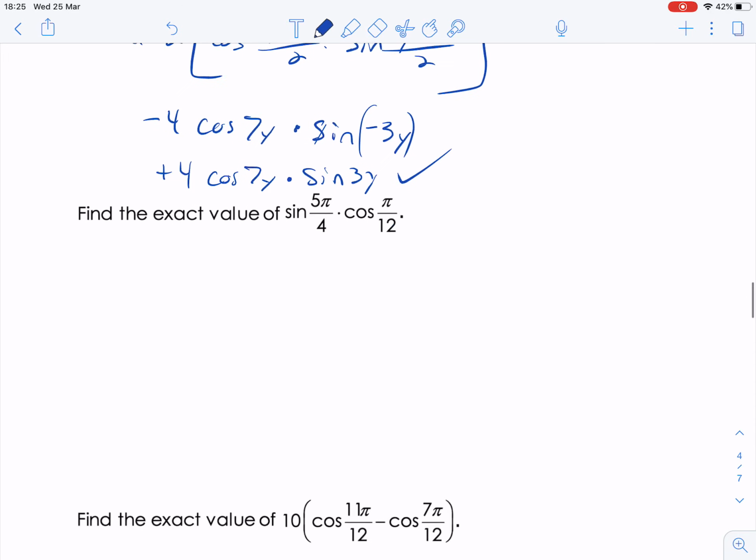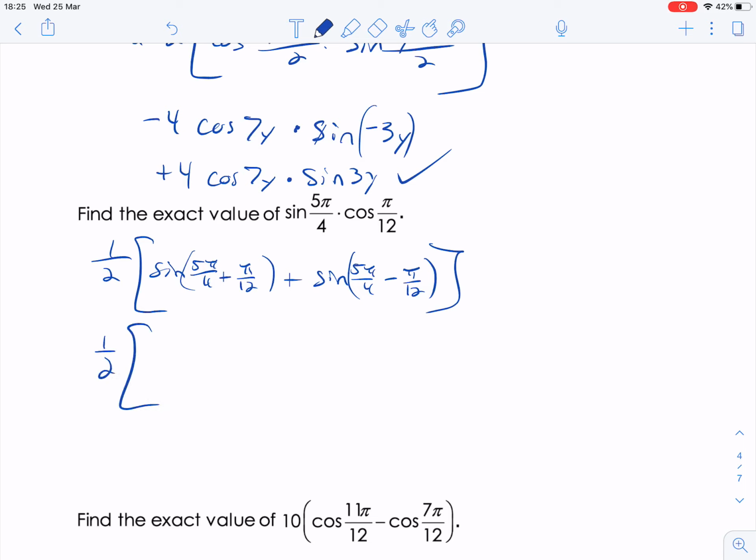Done. Find the exact value of this guy. All right, same thing. Whew, my arm's tired. All right, so we're going to sum this. So we get 1/2 of sine of 5 pi over 4 plus pi over 12 plus sine of 5 pi over 4 minus pi over 12.